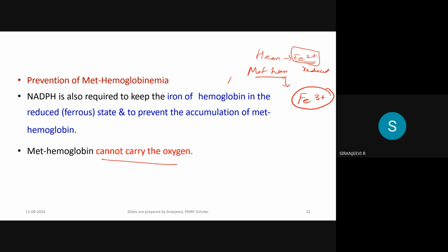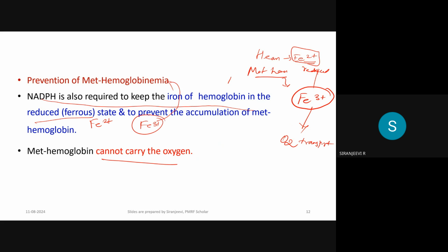So NADPH will again convert this methemoglobin to the reduced form, Fe2 plus, and then finally it will help oxygen transport. NADPH is also required to keep the iron of the hemoglobin in the reduced ferrous state, Fe2 plus, instead of the oxidized form, Fe3 plus, which is present in the methemoglobin.